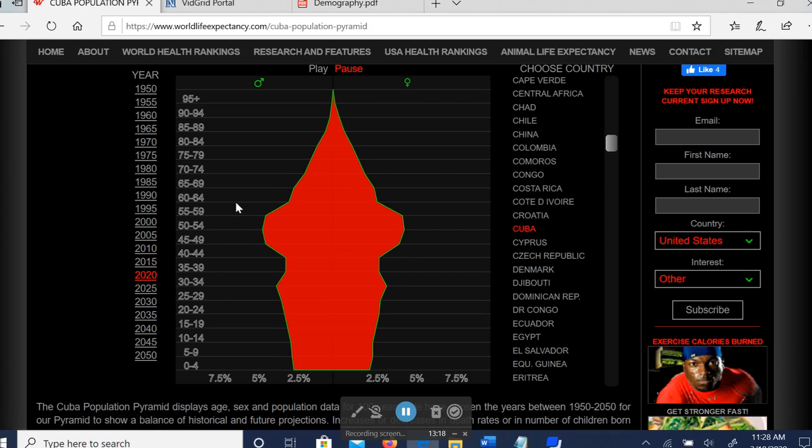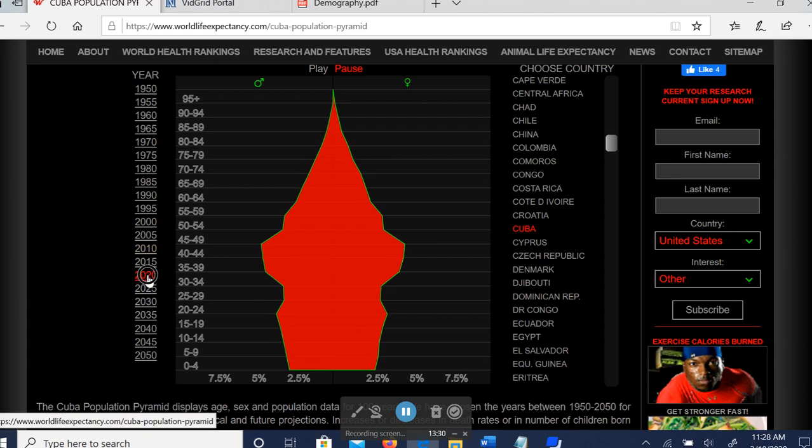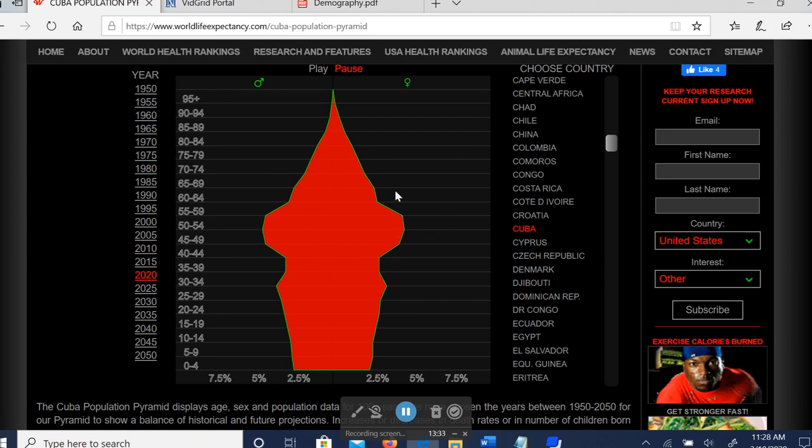So this year it says that the Cuban population has begun to age. The middle-aged population from here has moved to here as they progress through age over time. So this is what an aging population pyramid looks like. They don't look like a triangle.